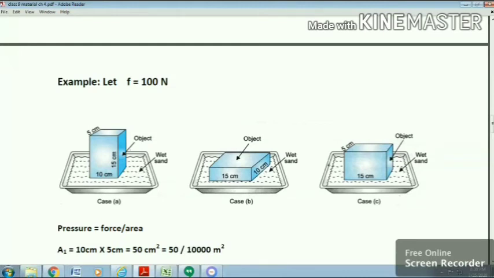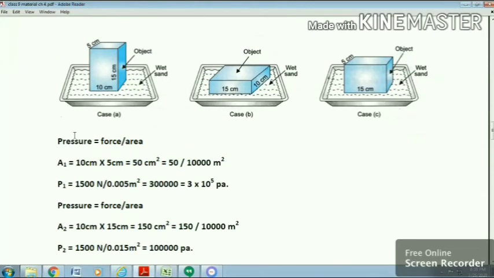We have to calculate pressure in the 3 different cases: case A, case B and case C. Same block placed vertically, horizontally. For the first case, case A, we know that pressure is equal to force by area. Force is common in all the 3 cases, that is 1500 Newton given.